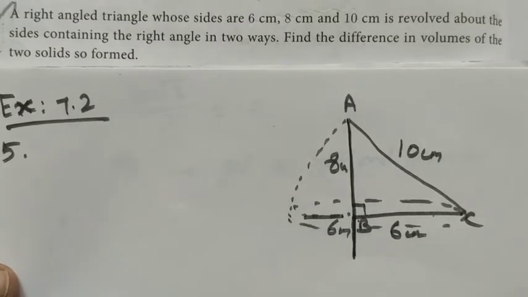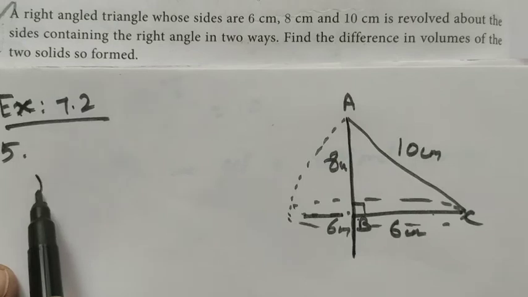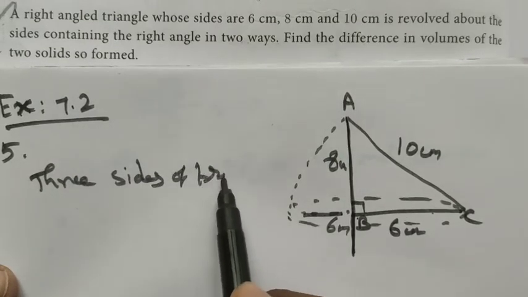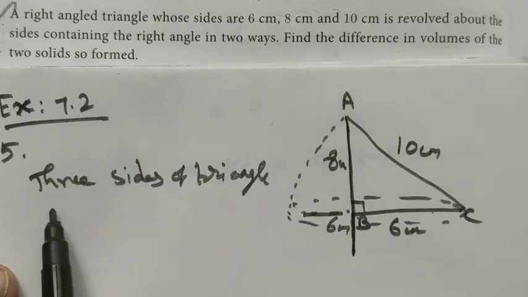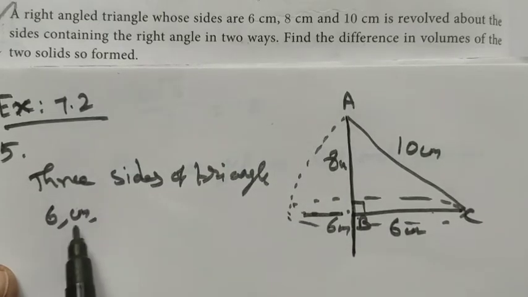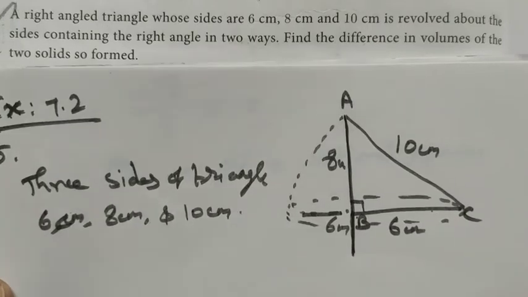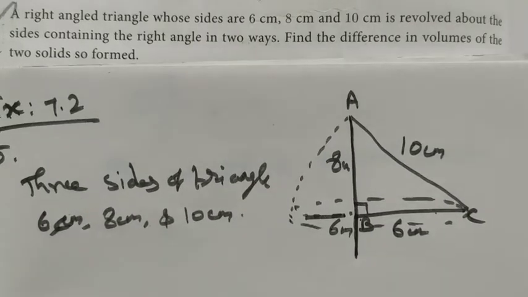So the right angle triangle is given with three sides, that is 6 cm, 8 cm and 10 cm. Let me take two cases.